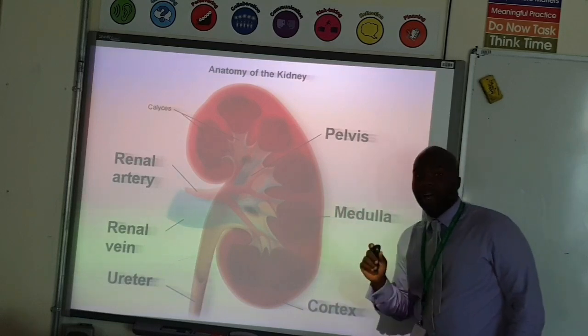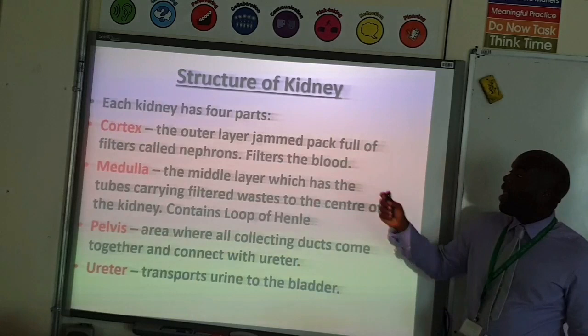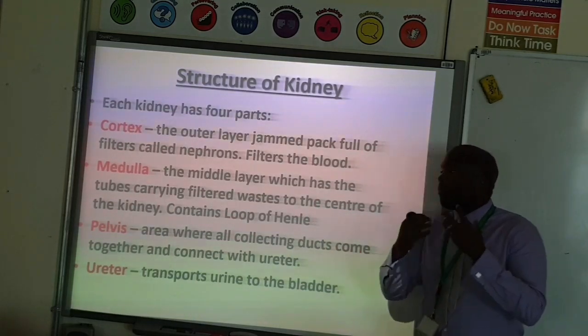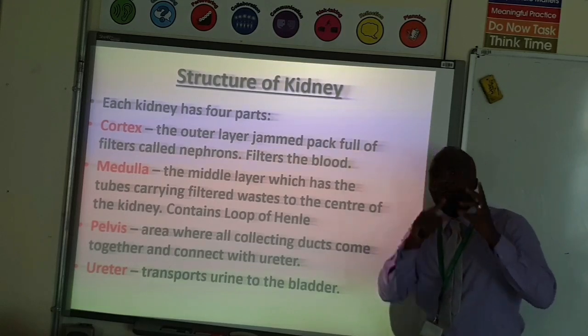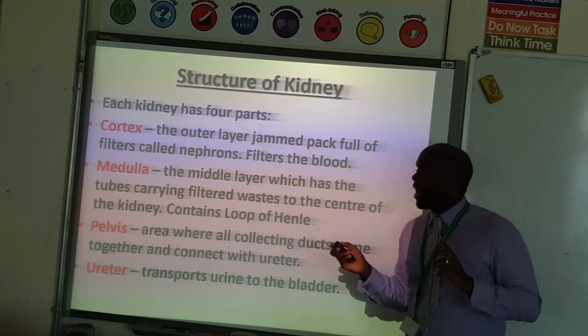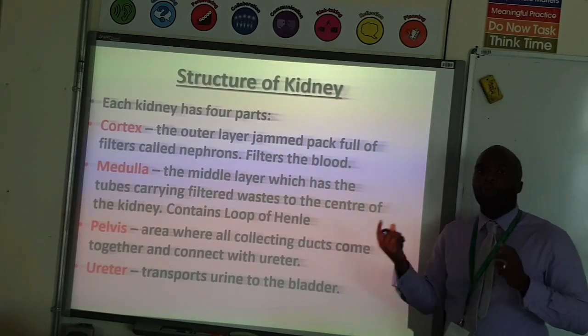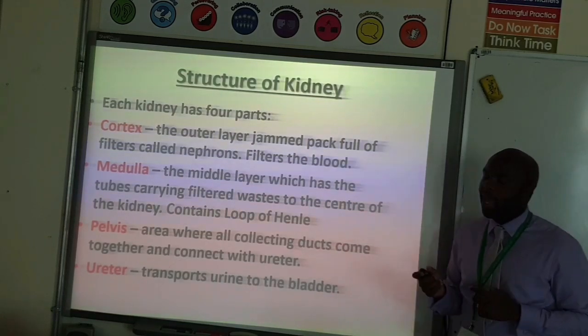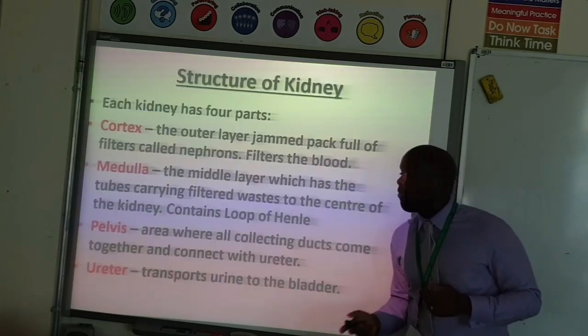We then have the medulla. The medulla is essentially the middle layer of the kidneys. And the medulla is involved in filtering the waste, and it also contains the loop of Henle, which we're going to look at. The loop of Henle is involved in allowing water to pass in and out of the kidneys. We then have, over here, the pelvis.